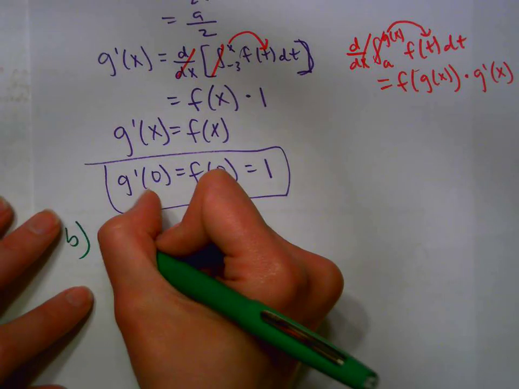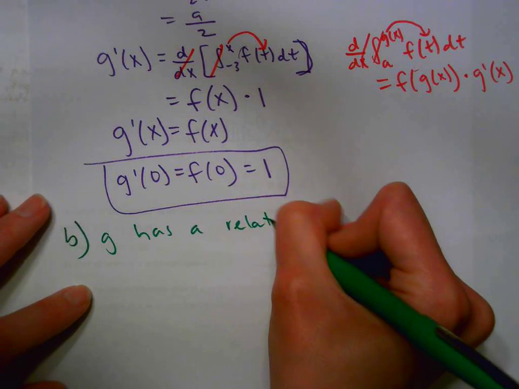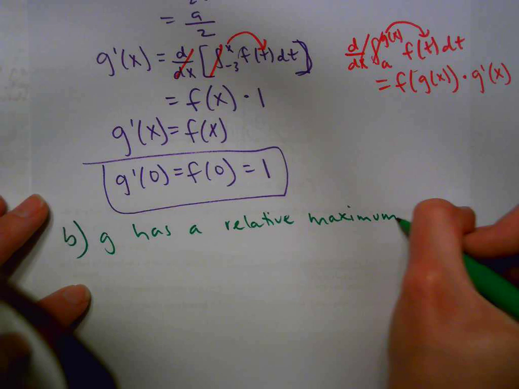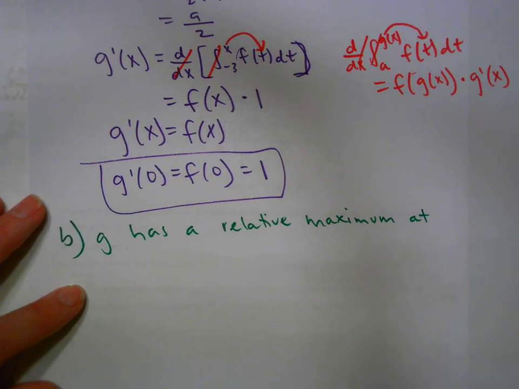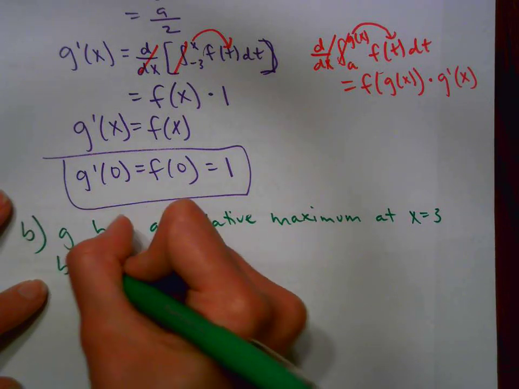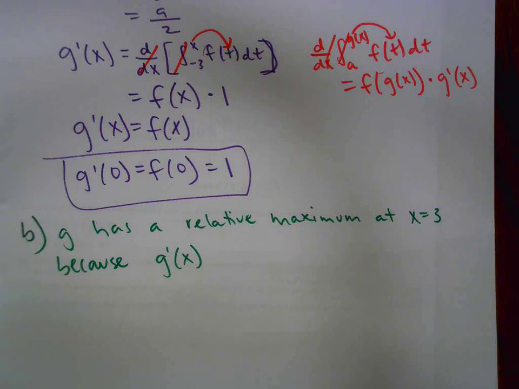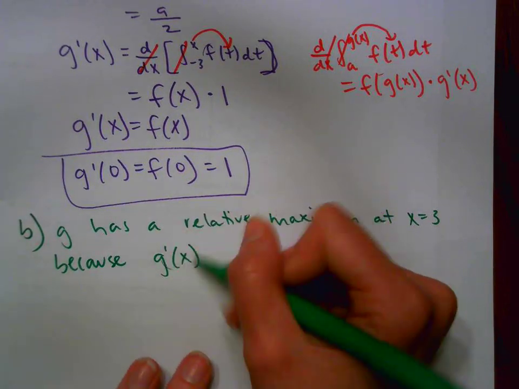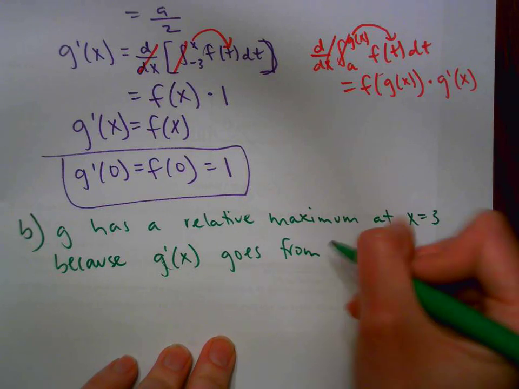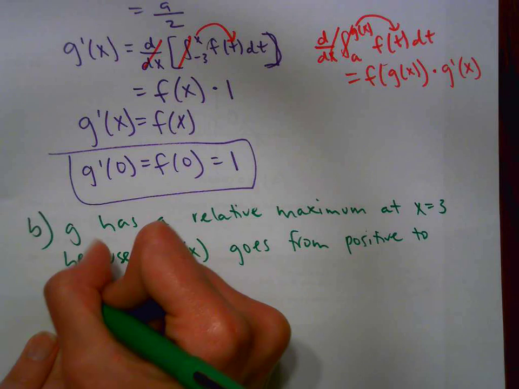So you're going to say g has a relative maximum at x equals 3 because, write this out, g prime, do not say the graph, name it, goes from positive to negative.